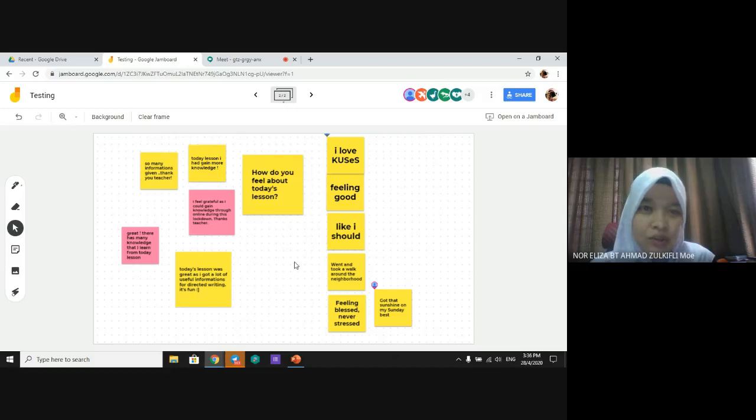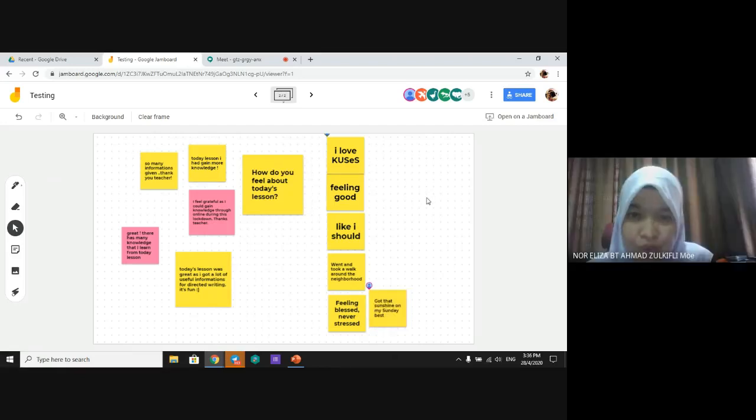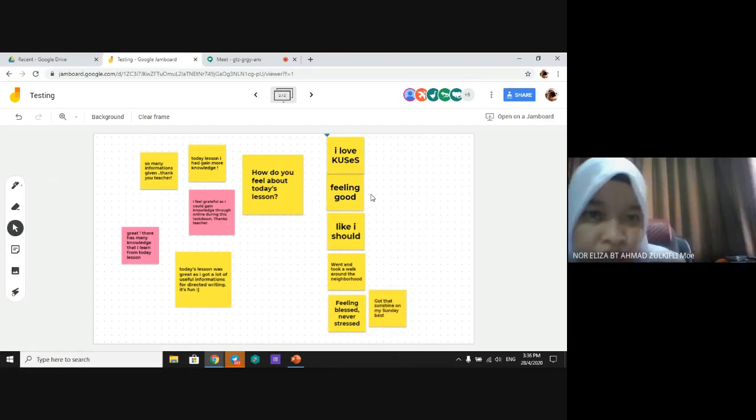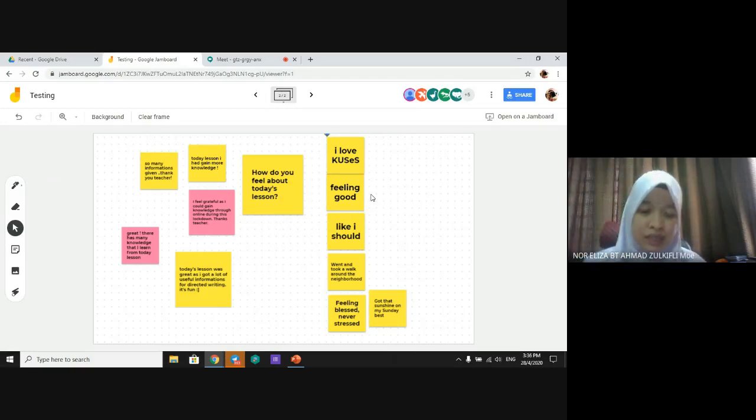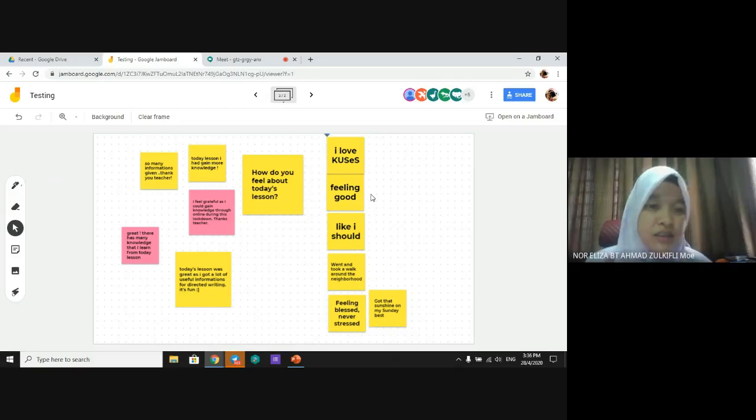If you have entered the link, by right, you can use your phone to make changes. You can edit the Jamboard. Can you try? Are you using the laptop or your phone? Phone. I used my phone earlier and I can make the changes using the same link.